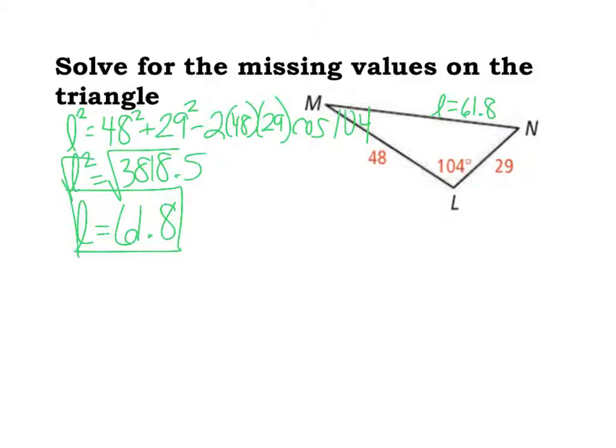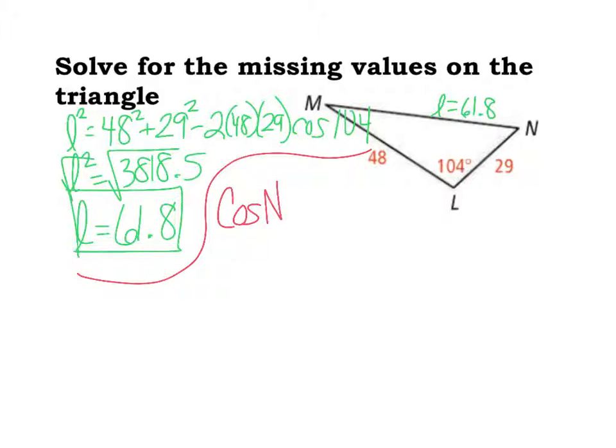So what I'm going to do is I'm going to work on finding one of these angles, and I'm going to look at it like they gave me side, side, side, like on our previous one, and we were looking for an angle. I'm going to look for angle N, which means my special side is going to be the 48. That's the one it's across from. That's little n. I'm looking for big N. So using my formula from the previous slide there, that's the one you start off with cosine of your angle.